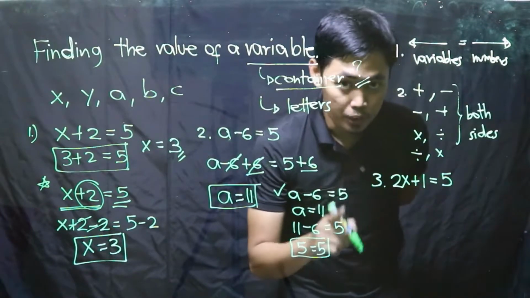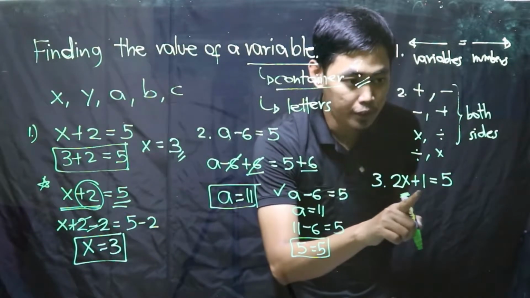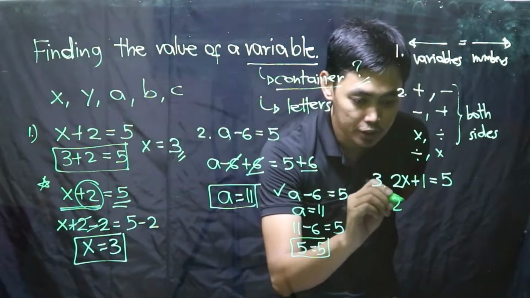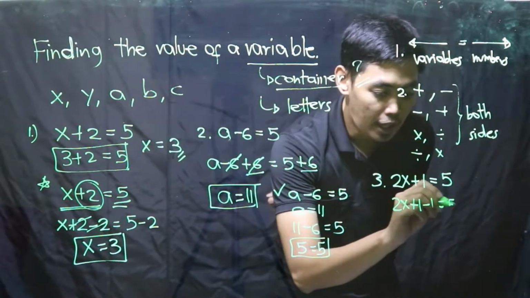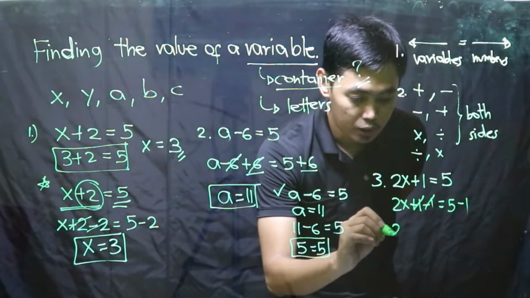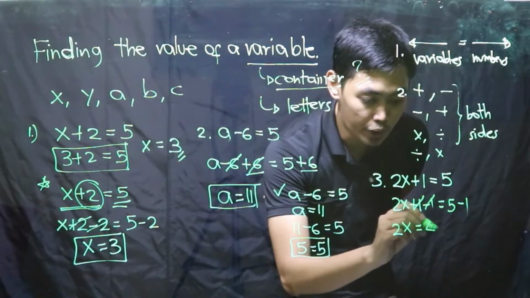So, what we will need to do first is to remove positive 1. The process in removing that is we'll just subtract 1 on that side and subtract 1 on the other side. So this one will become 0. So we are left with 2x is equal to 4.